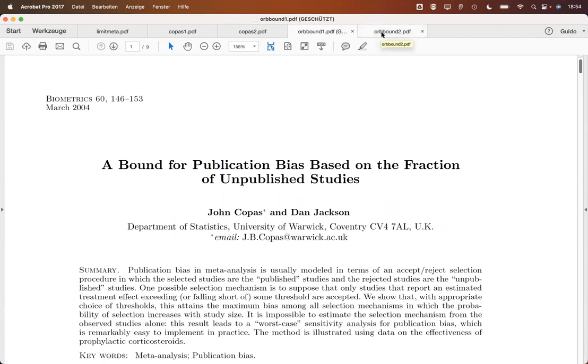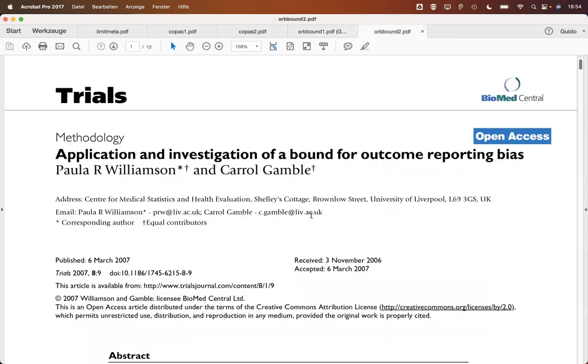However, a couple of years later there was a publication by Paula Williamson and Carol Gamble that used this method for outcome reporting bias. And here the advantage is that for outcome reporting bias, we know for our meta-analysis how often we have the information in a study for an outcome, and how often we do not have it.